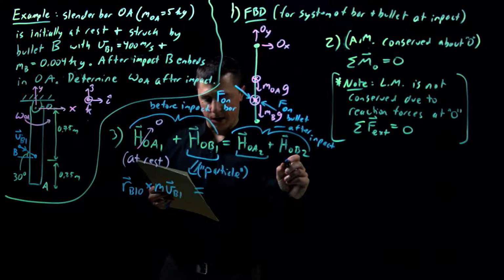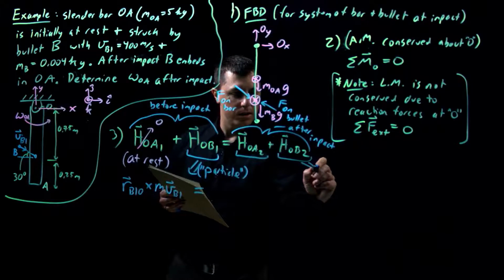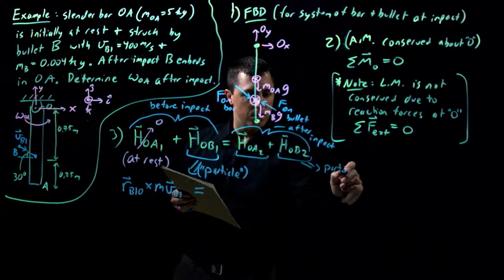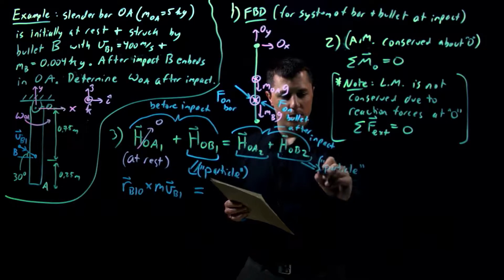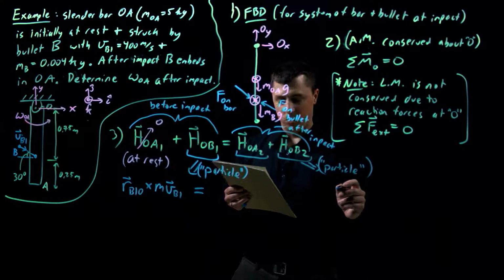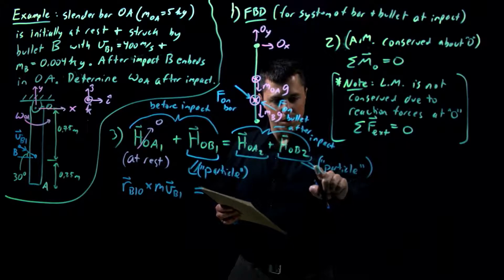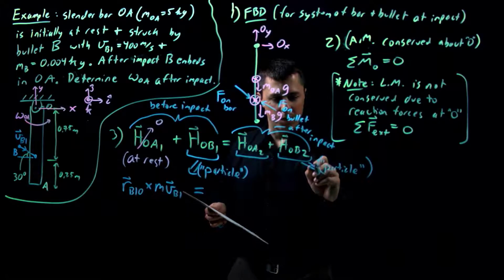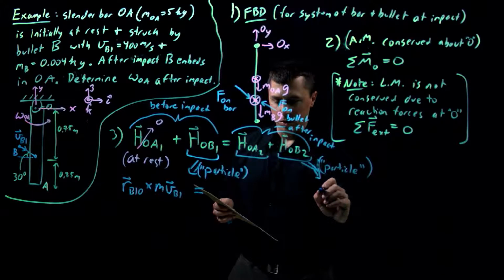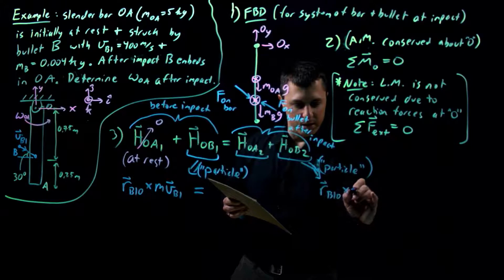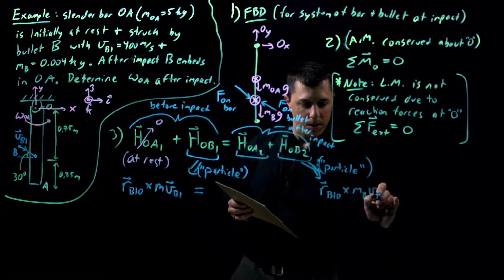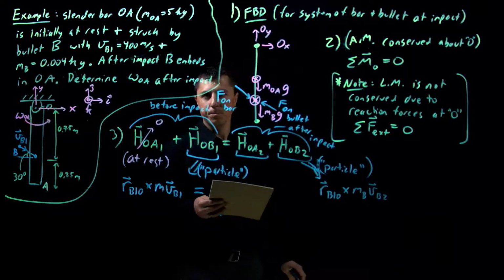Now this equals, okay, here we're going to have a particle again. So this is going to be the same type of term we had over there, which is R B crossed into M B V B2.